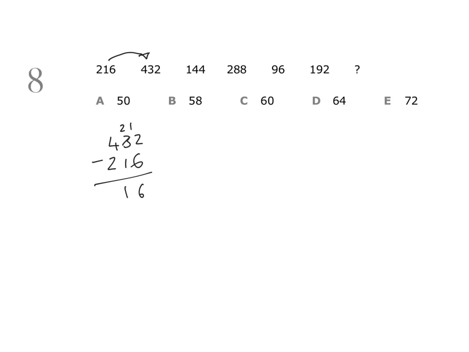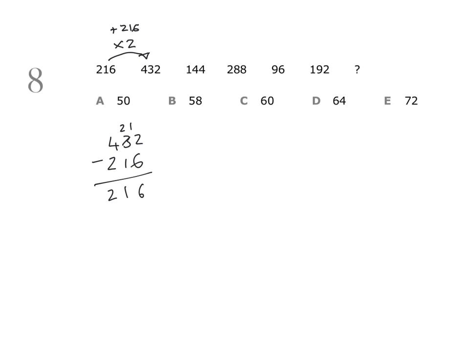And 4 take away 2 is 2. So to get from 216 to 432, you could say that we are adding 216. You could also say that we are multiplying by 2, couldn't you? Because obviously 2 lots of 216 is the same as 216 plus 216.